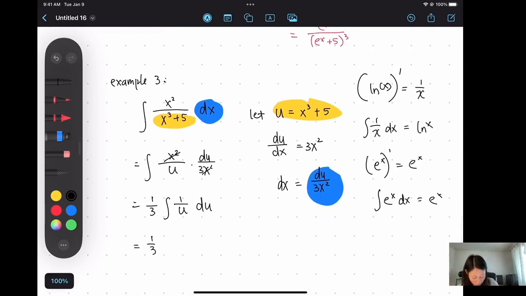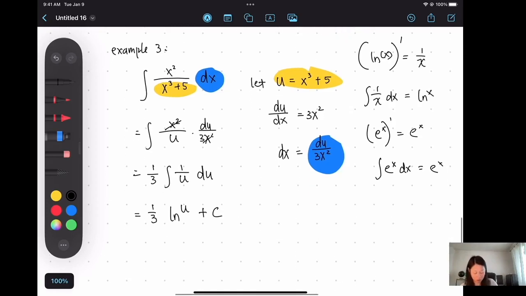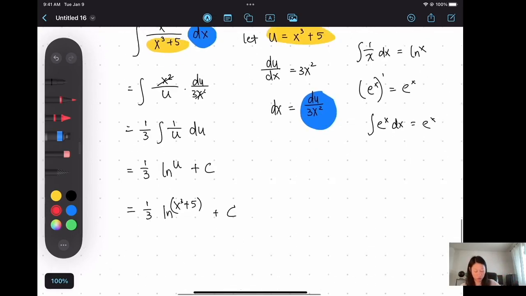So in here I have 1/3 ln of u plus c, and our u is equal to x cubed plus 5. So that means the antiderivative is 1/3 ln of x cubed plus 5, plus c. Well, we can check our answer by taking the derivative back to see if we get the original function.